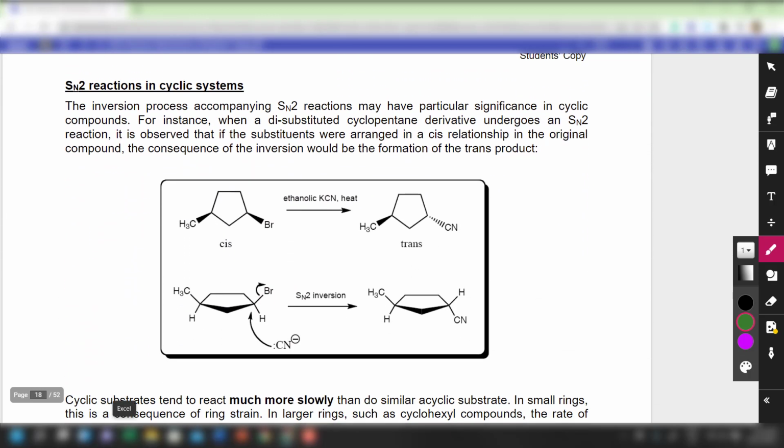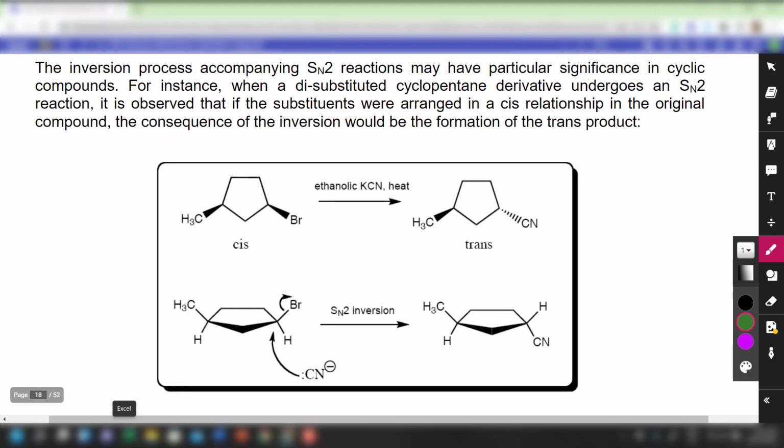SN2 in cyclic system is also something which we did not quite cover in H2. But again, over here, let's say we have a cis isomer. Cis here means that in the cyclic system, the two substituents, methyl and Br, are pointing in the same side, meaning they point towards the top. And then upon nucleophilic substitution, especially in this case SN2, there's an inversion.